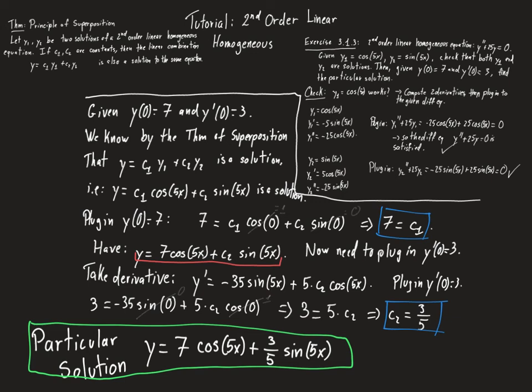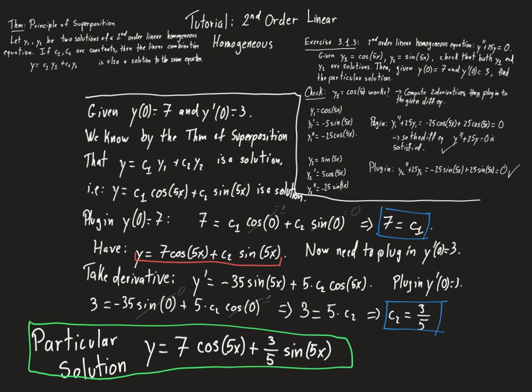And furthermore, you can plug in x is equal to 0 into this equation and into the derivative of this equation. And you will see that at 0, y will be equal to 7, and at 0, y prime will be equal to 3, just as desired.